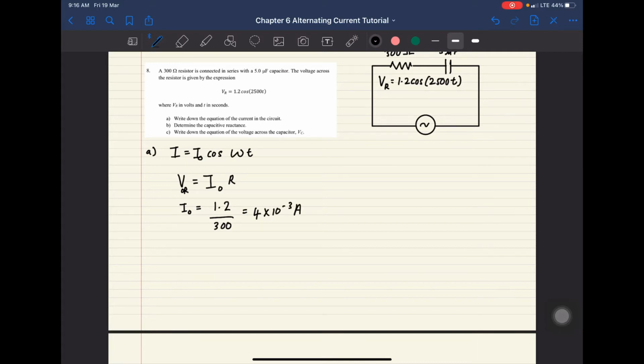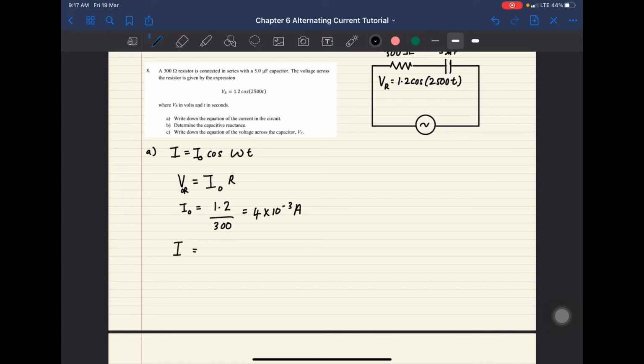Now I can substitute back inside here. The omega will be the same as this one, because the omega depends on the power supply. So you will expect omega equals 2 pi f. As long as it comes from the same power supply, omega remains the same. So I'm just going to write it again.